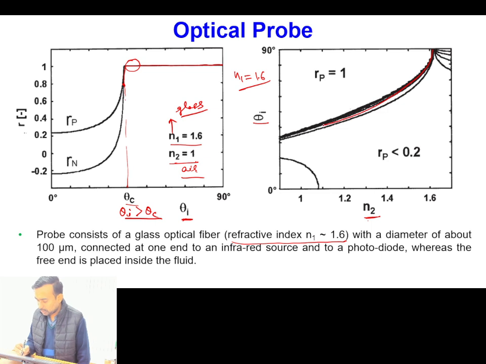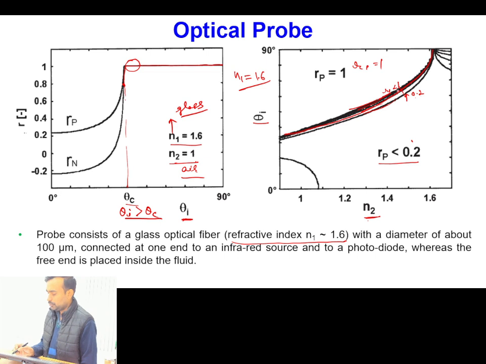Below this line our Rp is less than 0.2, so this line corresponds to 0.2, and this zone corresponds to Rp equal to 1, and here Rp will be less than 1. So this band is for 0.2 to 1, and above this everywhere the Rp value will be 1.